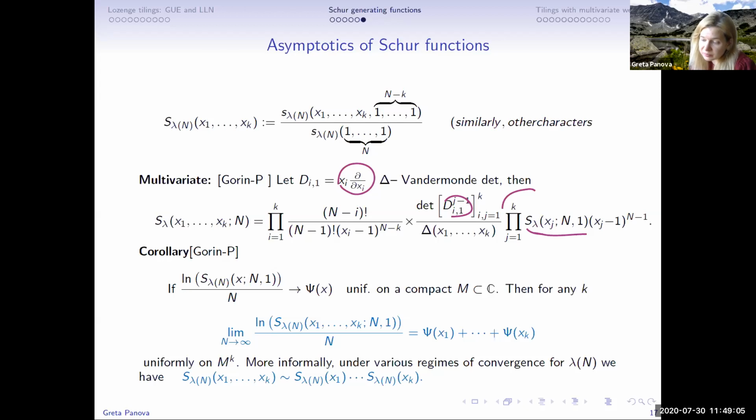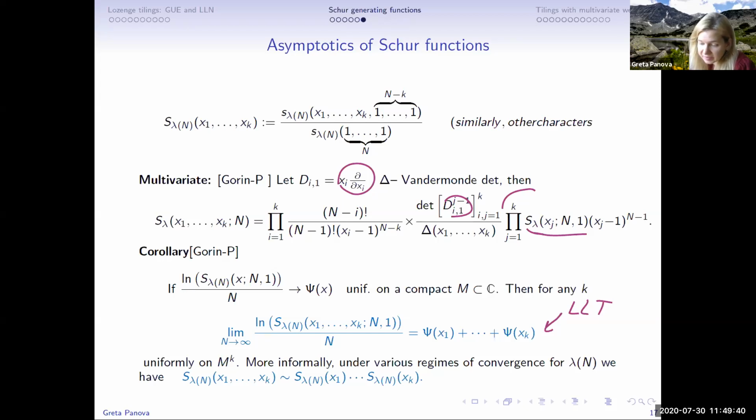So now, in the case where we have only a fixed finite number of variables, we can analyze this formula asymptotically using the asymptotics for the single variate normalized Schur functions, and get statements like, for example, this. This was in the condition of Bufetov and Gorin. So this is, for example, the independence condition that would give a LLT.